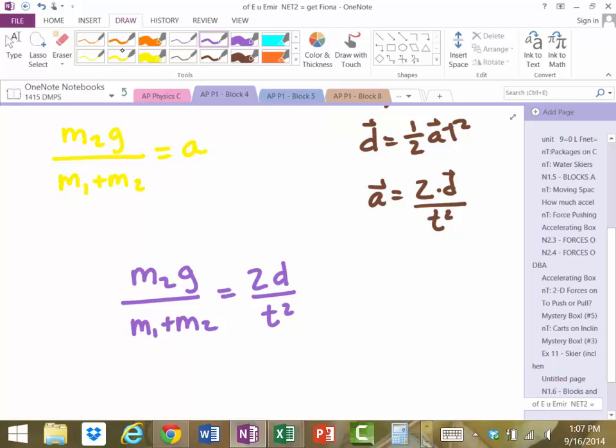So the game is, let me remind us what we're trying to do. We want to get something that looks like that. Does this right now look like this? Not really. Okay. So the suggestion is to multiply across, right? Then the denominators, that's a helpful thing. Let's cross multiply. You know what that means, right? It means you can also.